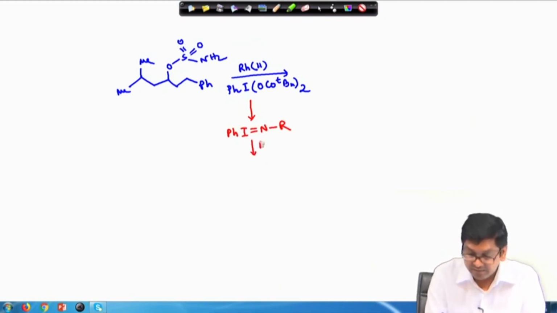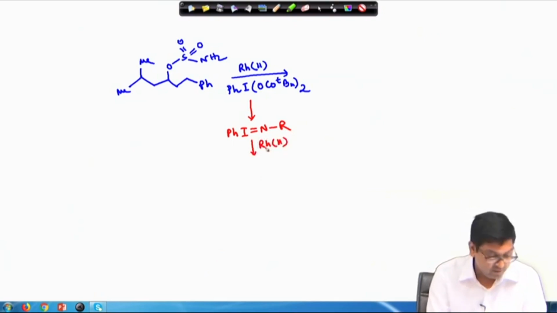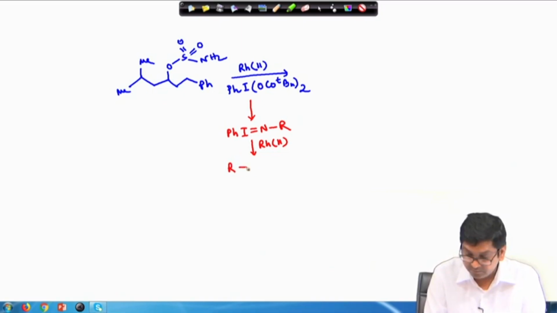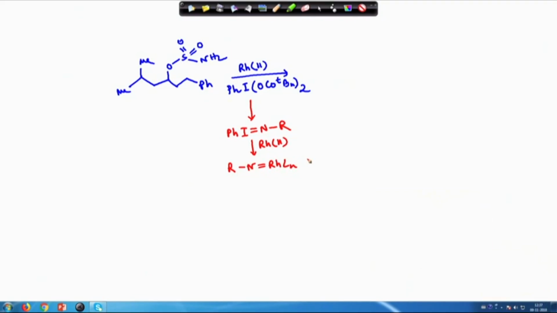And then in presence of rhodium 2 catalyst, this will give you the metallonitrenes or nitrenoids. Okay. So, once it generates, then this electron deficient species can be inserted in two possible ways here. For example, at this place it can be inserted.